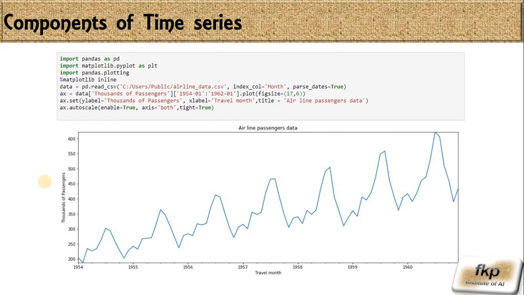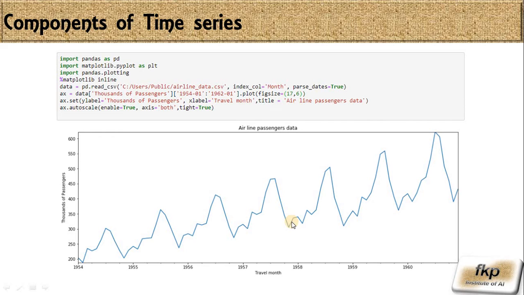Here is the time series, and we are going to observe what components we have seen in the last slide. You can see here the trend is going upwards, right? And in the middle of each year, you will see clear seasonality. As I told, the cyclic component and the residual component we cannot observe with our eyes.